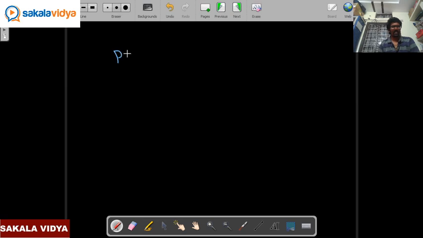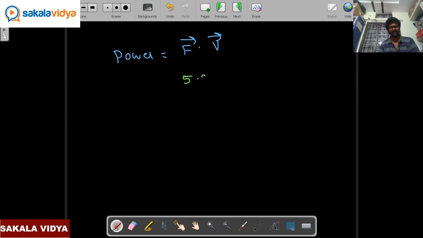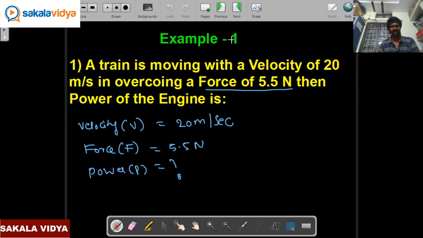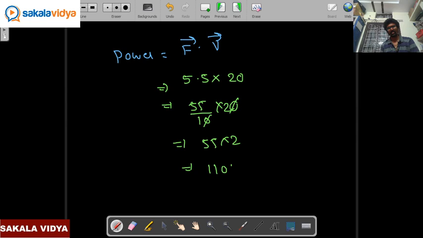What is the formula to calculate power? Power is equal to the dot product of force and velocity. Here force is 5.5 newtons into velocity 20. So 55 divided by 10 into 20, the 0 gets cancelled, 55 into 2, so 110 watts.